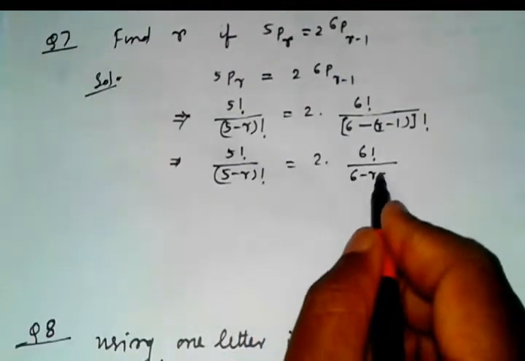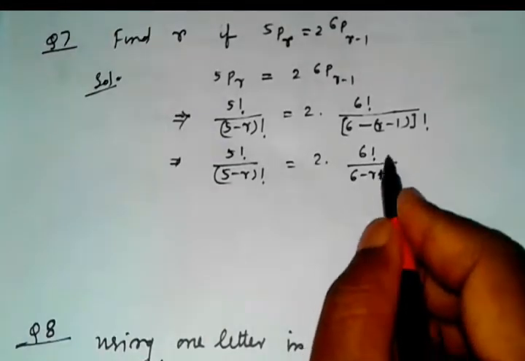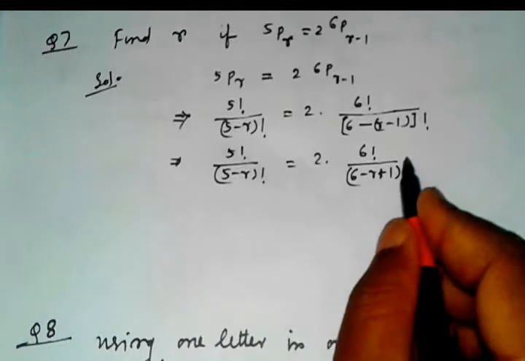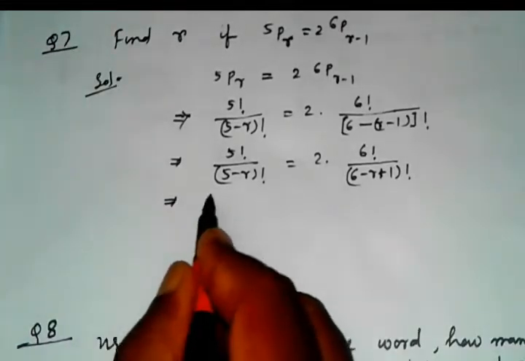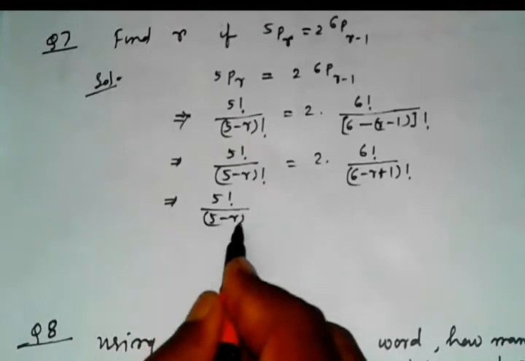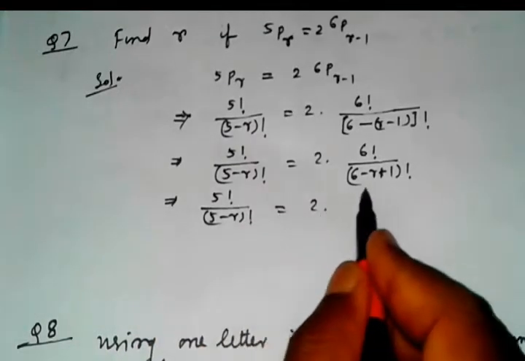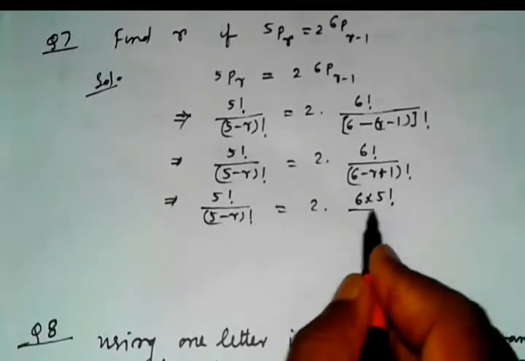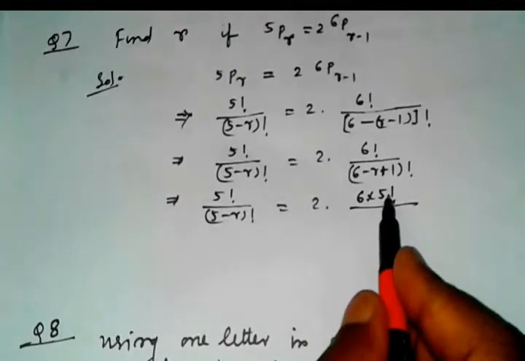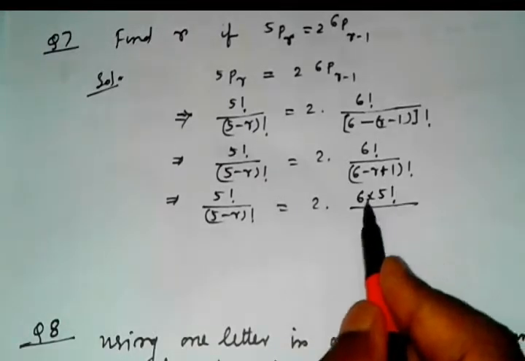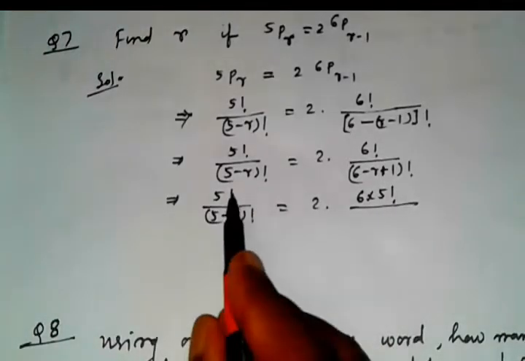This can be 6 plus 1, that is 7 minus r factorial. We can write factorial 6 as 6 into factorial 5, so that we can cancel factorial 5 and factorial 5.